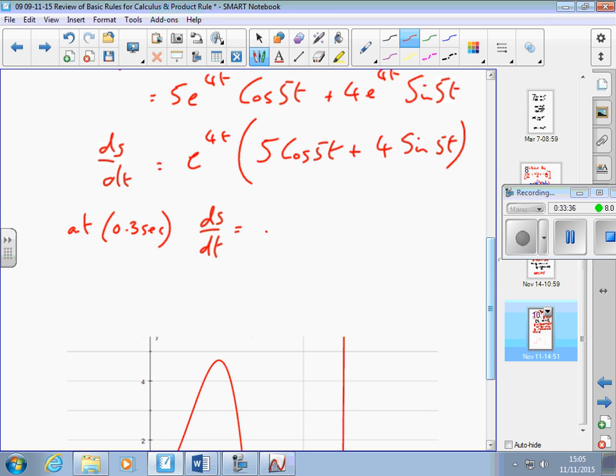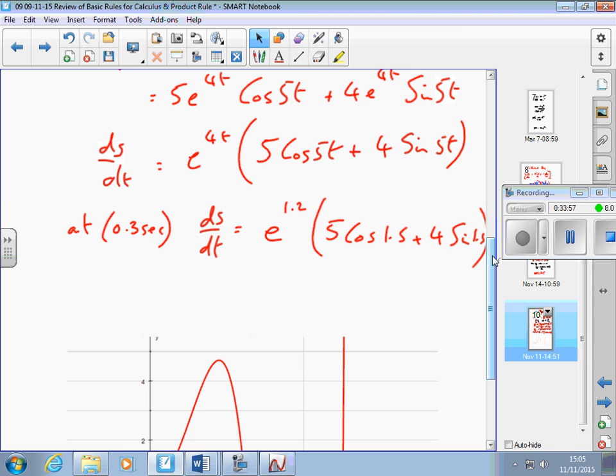So e to the 4 times 0.3, which is 1.2, times 5 cos of 5 times 0.3, which is 1.5, plus 4 times the sine of 1.5. Check them in radians on the calculator. Don't make that mistake in the assignment. And then work it out. That will tell me what the rate of change of this function is after 0.3 seconds.